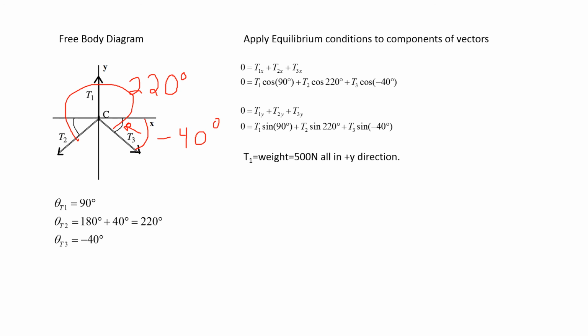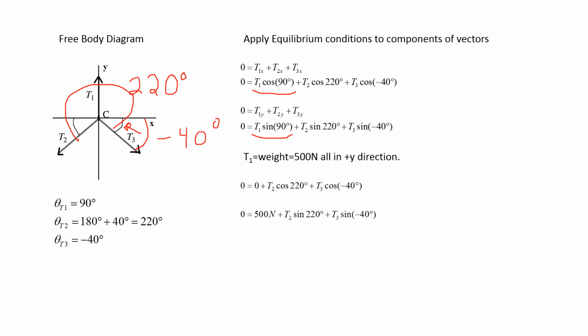T1 is equal to the weight, which is equal to 500 newtons, and T1 points only in the y direction, which makes our calculations a little easier. And note that that's going to come out of this multiplication, since cosine 90 is 0 and sine 90 is 1.